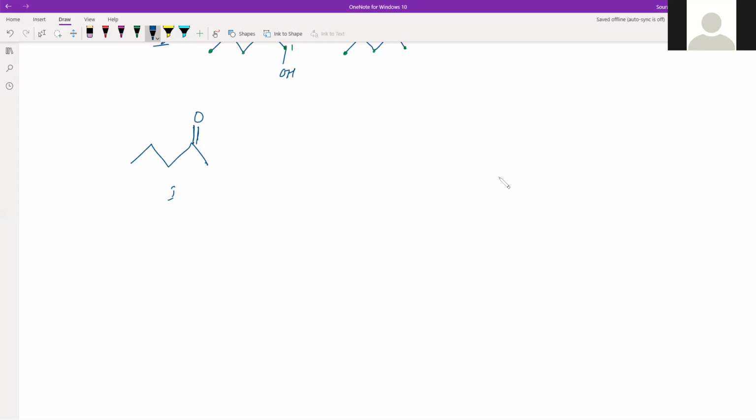Say this is structure 1, then we have this as structure 2, and this is structure 3.